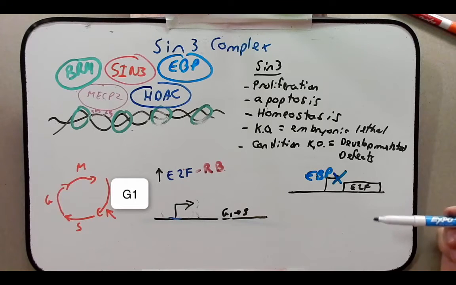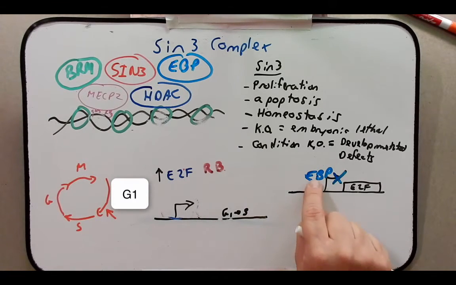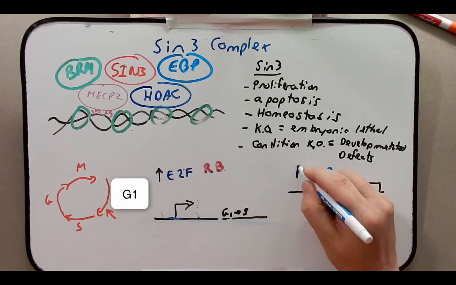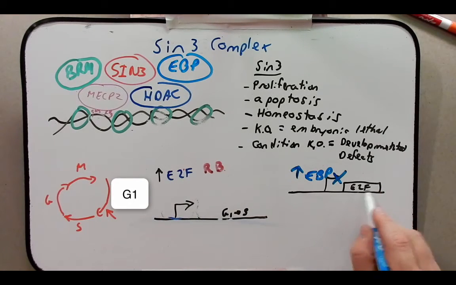So even in a case where you're overexpressing E2F so that it's not binding to RB and you're turning on these genes going from G1 to S, setting a stage for cancer, if you overexpress EBP, we can shut down the expression of E2F, or at least reduce the expression of E2F. And that's all we need to do.